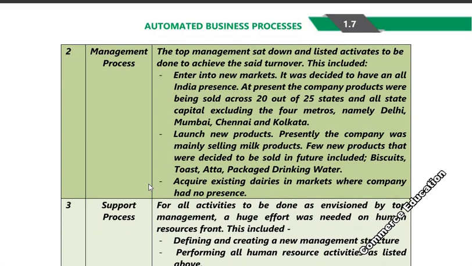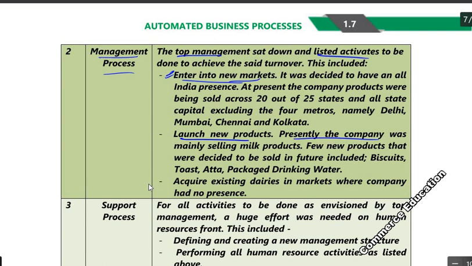So for this, what should be the management process? Top management listed certain activities to be done to achieve this 20,000 crore turnover. First one, enter into new markets, launch new products. The company should launch new products.